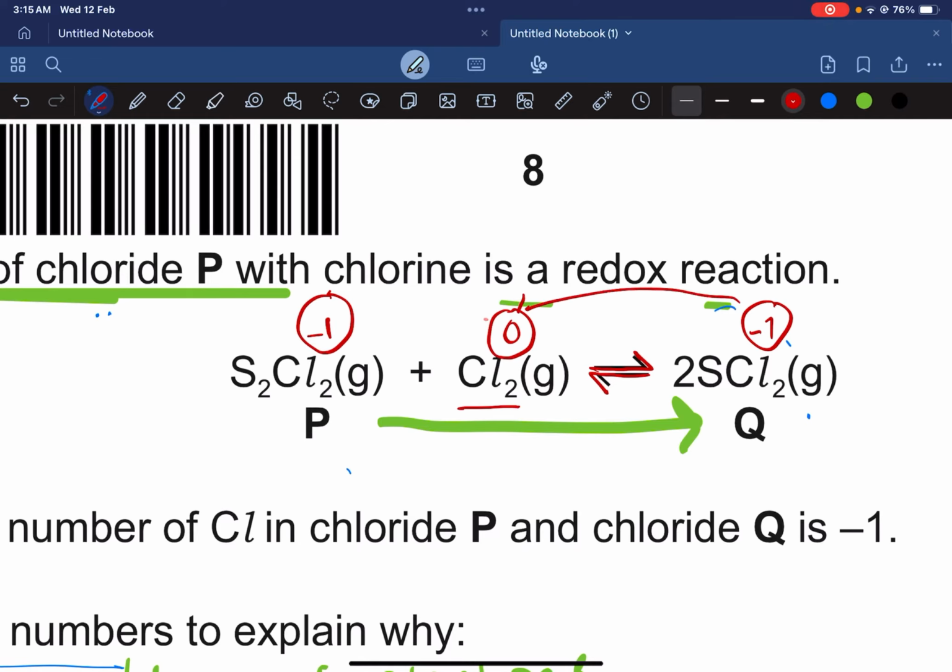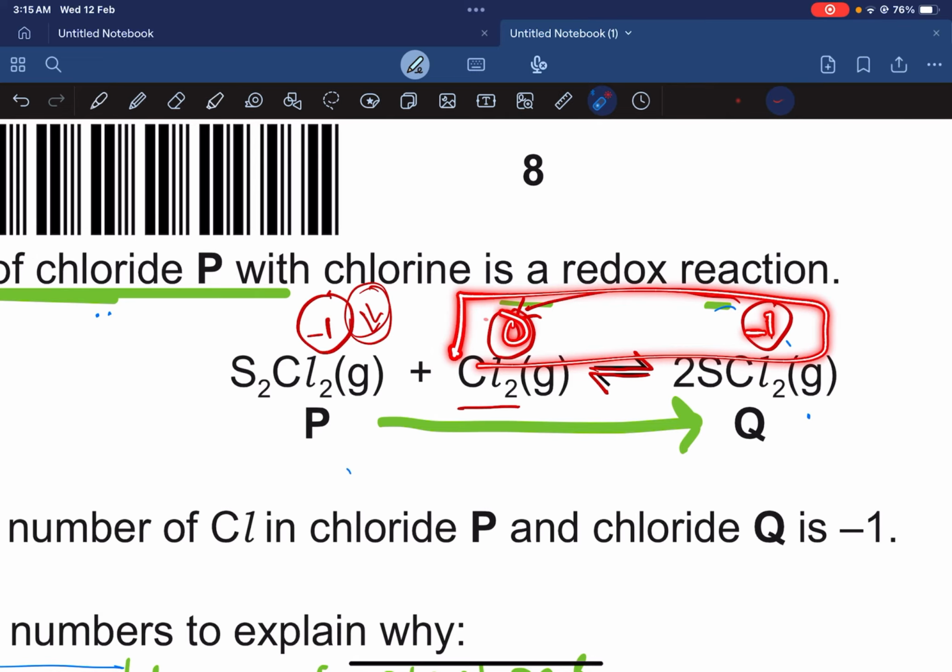We are not going to consider this -1. Why are we not going to consider it? Because over here, the oxidation state of chlorine has not changed. From -1, it remains -1. So we are not going to consider this one. We're only interested in the one that has been either oxidized or reduced. And this is an oxidation, because this is an increase in oxidation number from -1 to 0.